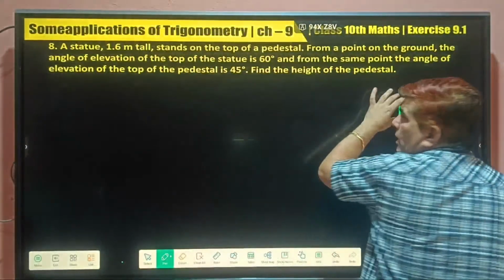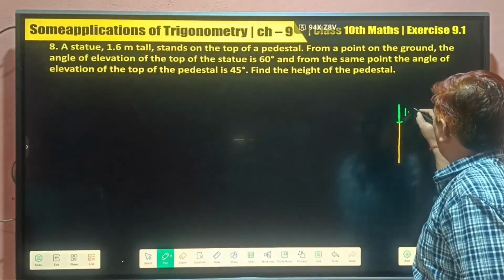This is the pedestal, and this is the statue, 1.6 meter tall.